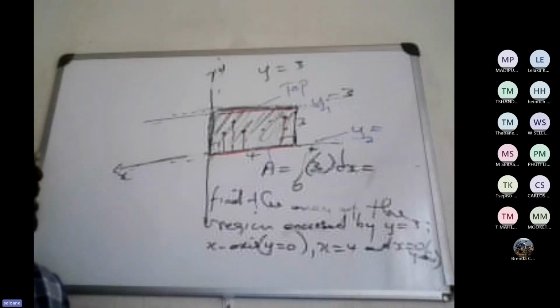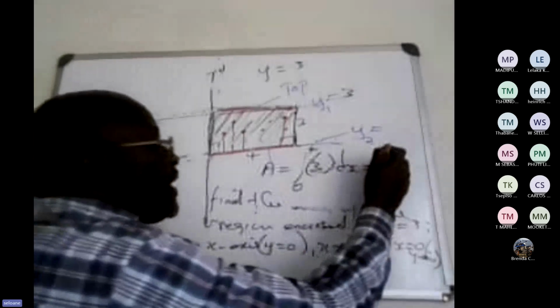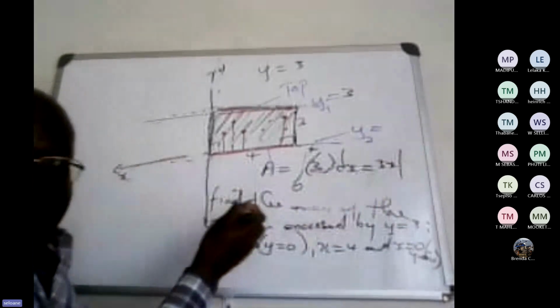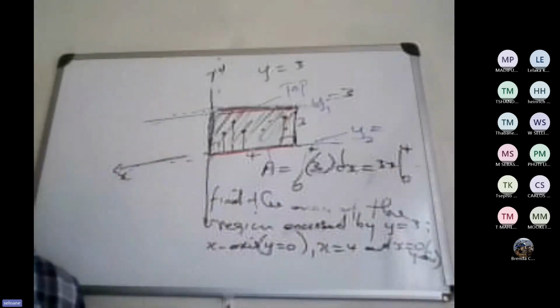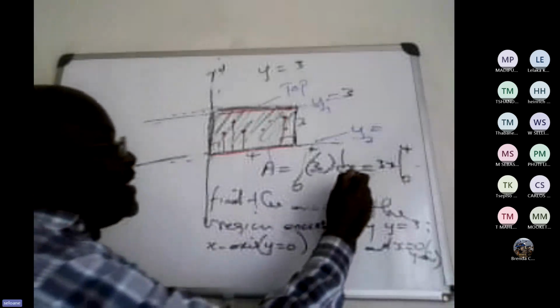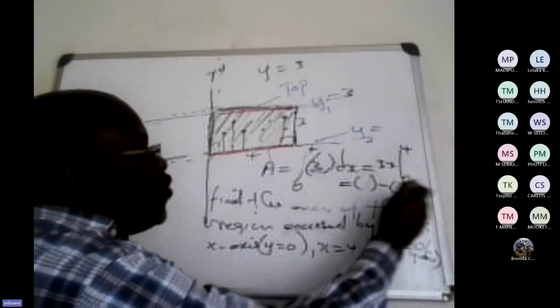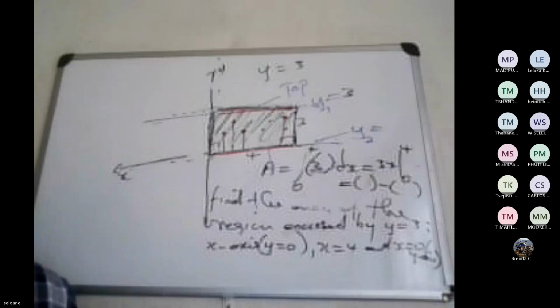Hopefully this makes sense. Integrate 3 with respect to x. We know it will be 3x. Then this is a definite integral, so you evaluate this from 0 to 4. Then you get the answer. Obviously, you open two brackets.